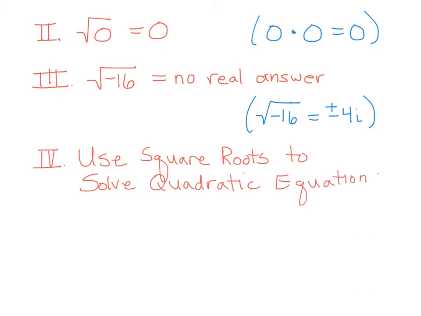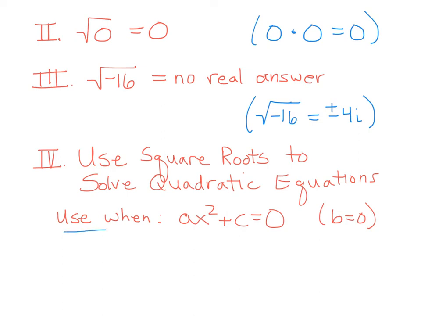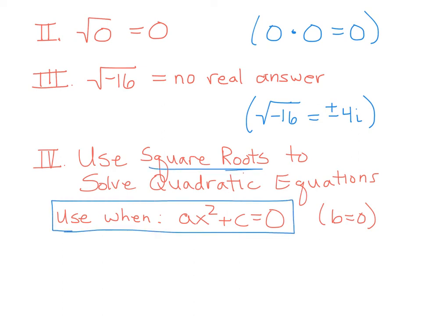Now this new method can be used when you have this form, ax squared plus c equals 0. Okay? There is no b. B is not in this problem. There's no middle term. Alright, so only use it when ax squared plus c equals 0. That's when you use this square root method.